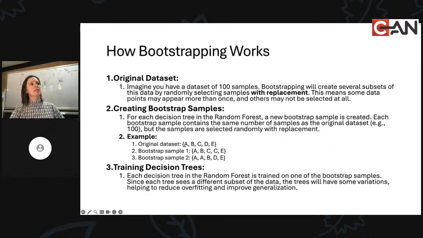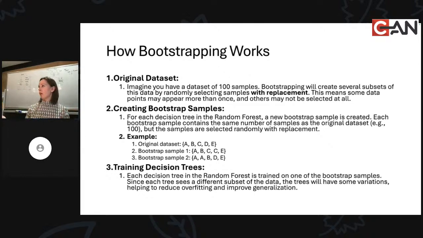Our original data set was A, B, C, D, E. These are some of the observations we had in our data set. Bootstrap sample 1 includes A, B, C, C, E, and Bootstrap sample 2 includes A, B, D, E. Notice that C is not at all in Bootstrap sample 2. So the reason random forests are resilient to outliers is because maybe there is one feature that's heavily biasing your tree.